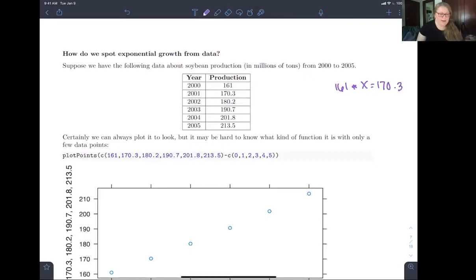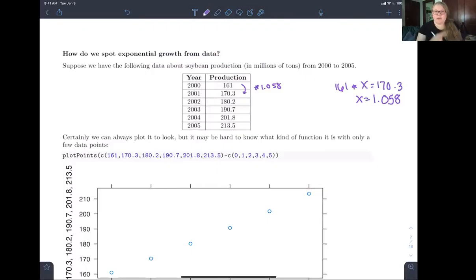So if I want to solve for X, I just divide. And I did it ahead of time, and I get just about 1.058. So it looks like I multiplied this by 1.058 to get to the next one.